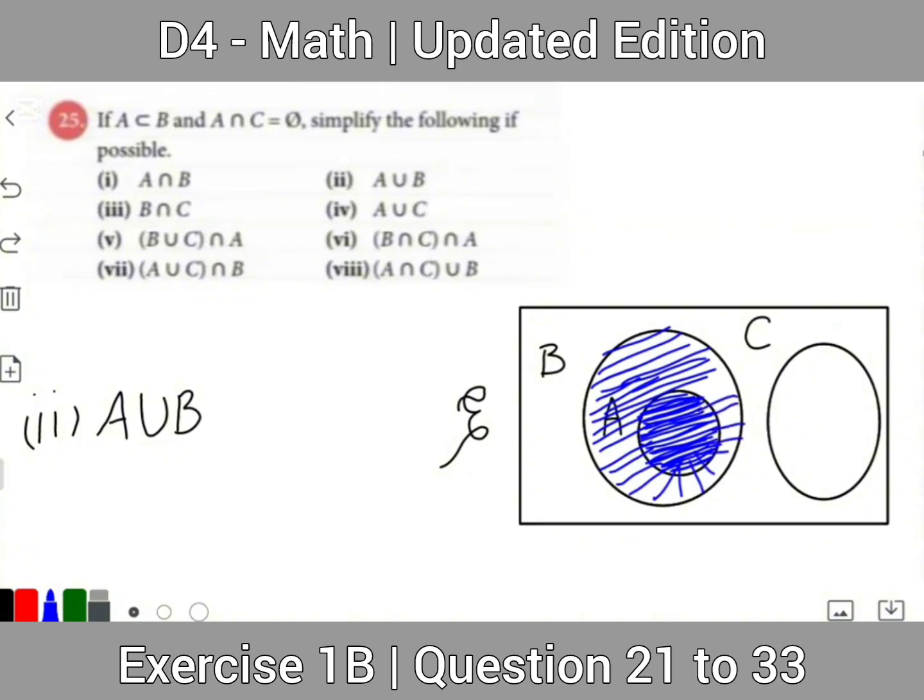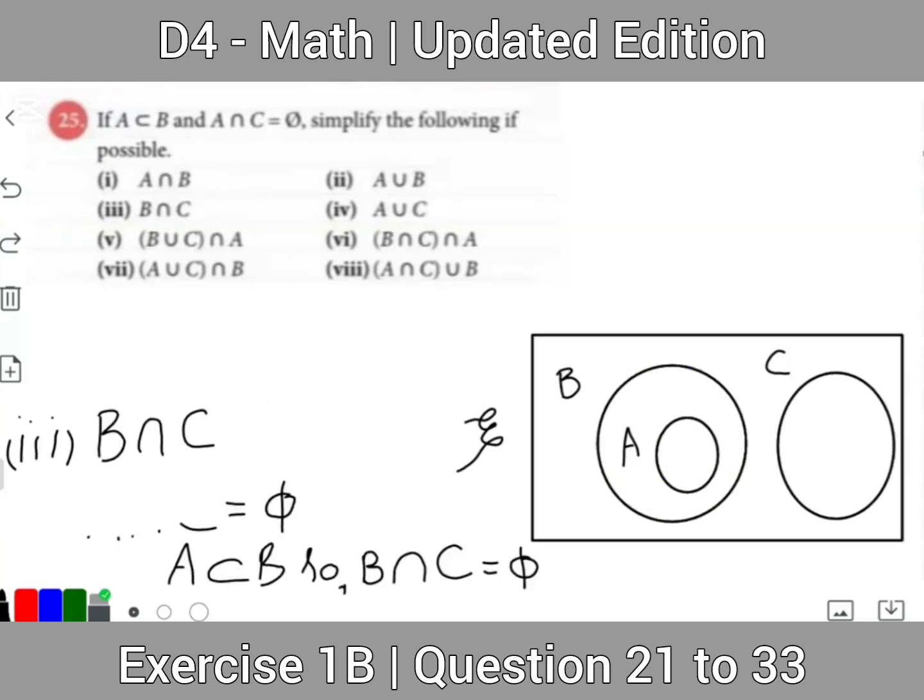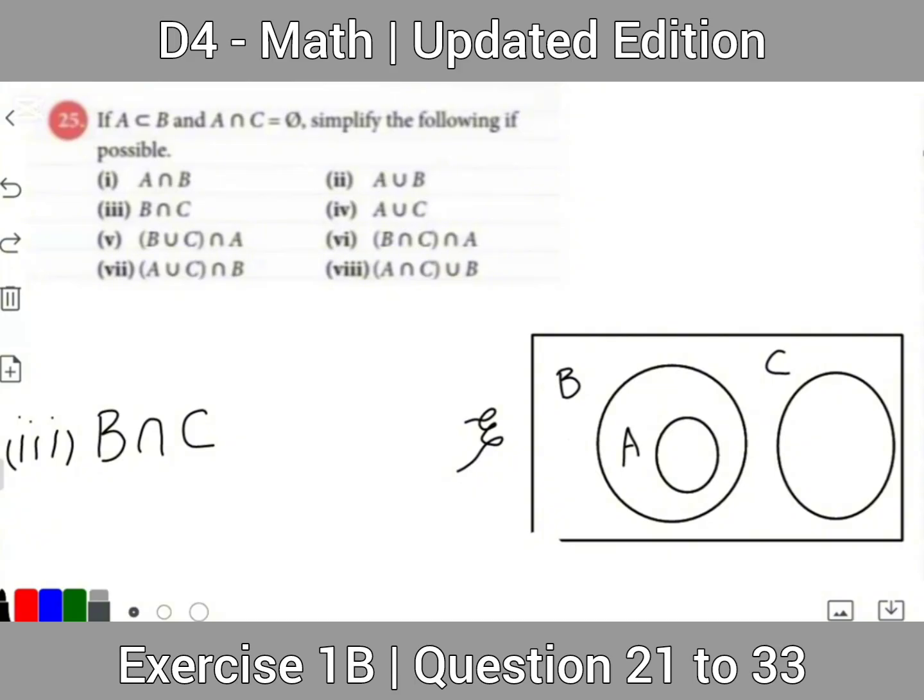So A union B is equals to B. In the part 3, we have to find out B intersection C. Since from the Venn diagram, we can see that B and C have no connection between them.